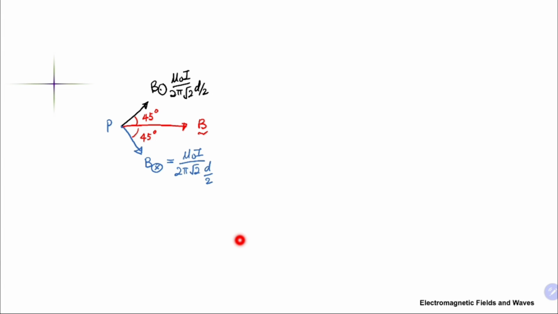You can either write down the unit vector of the black arrow and the unit vector of the blue arrow, or you can use components. So you can resolve this into two components.